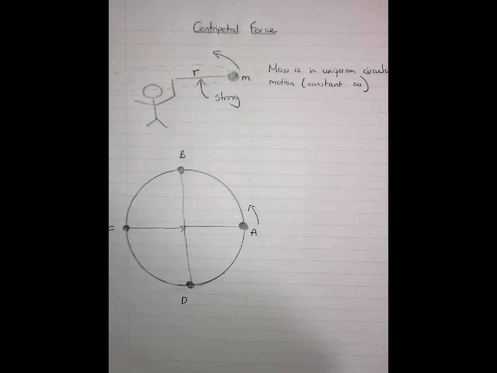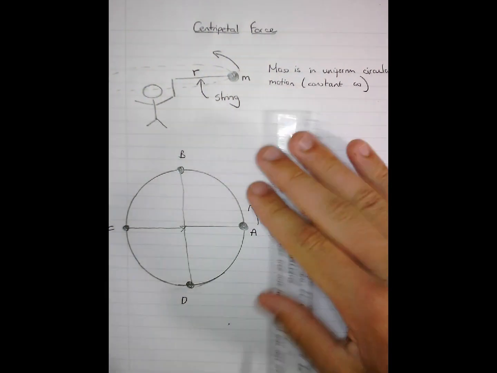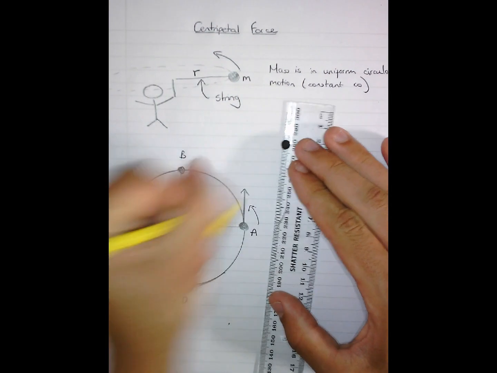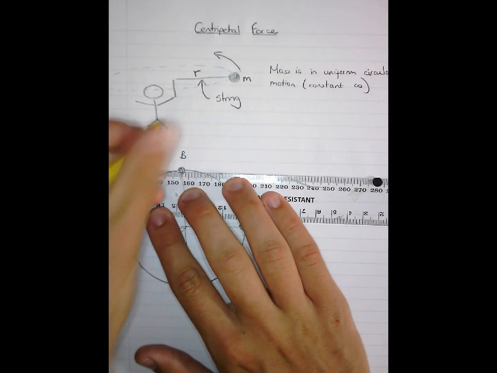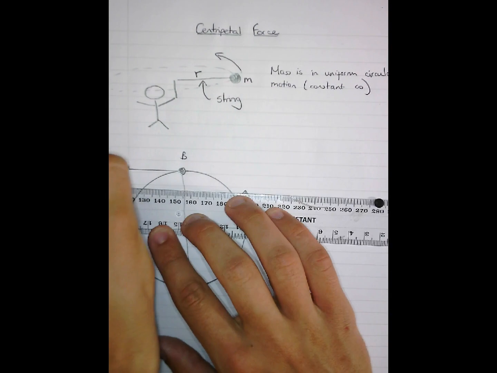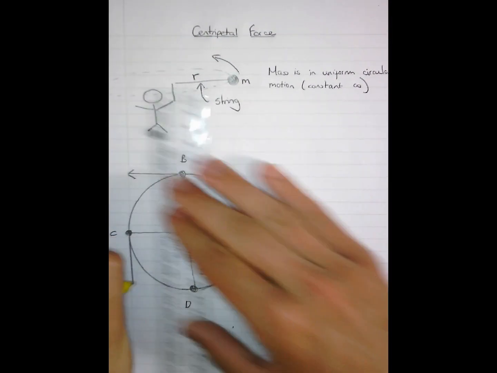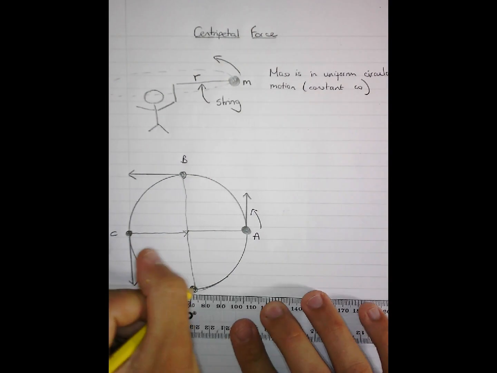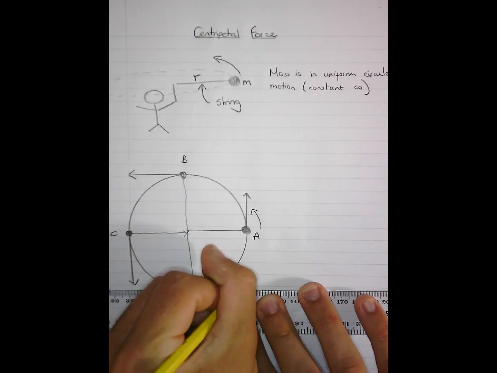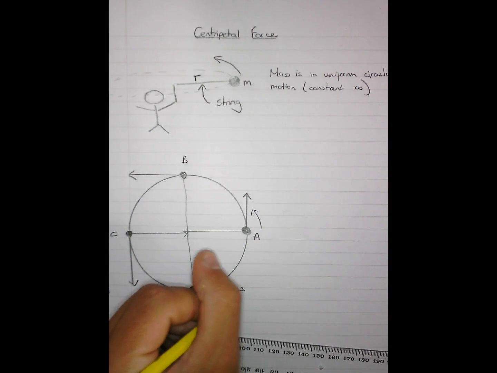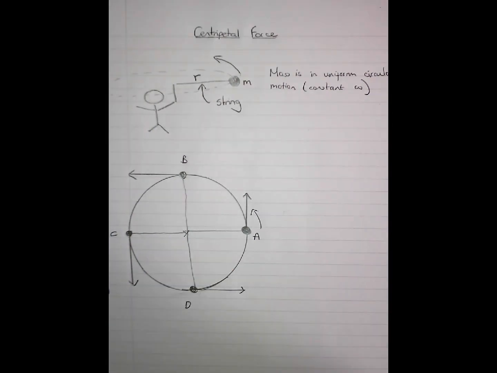So if I start at A and draw our arrow, we'll have an arrow in this situation representing the velocity there, an arrow here representing the velocity there, coming down here, and moving along there. What do we notice about that velocity?